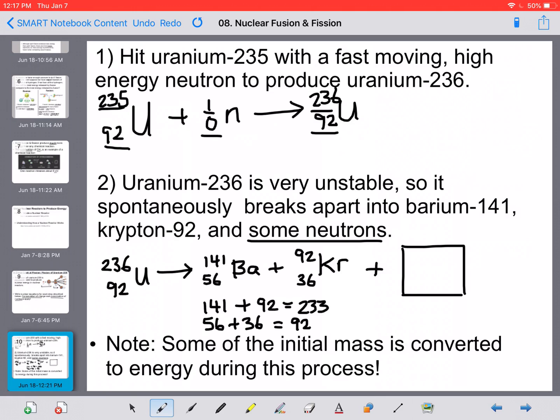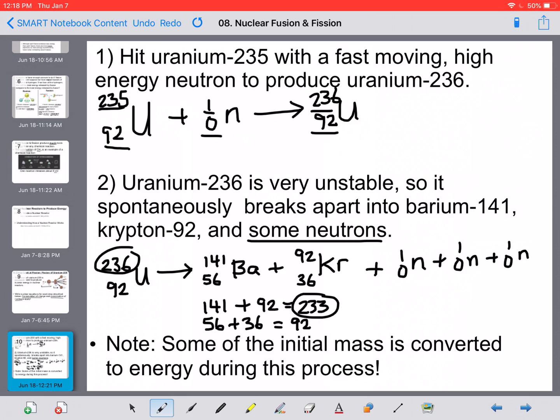So what we can see here is, if we compare 233 and 236, 236 minus 233 is 3. So that means I have 3 neutrons being produced. So I have a neutron, and another neutron, and another neutron.